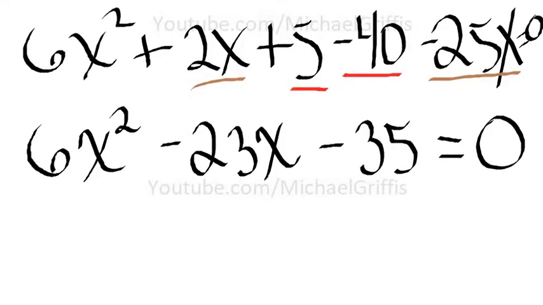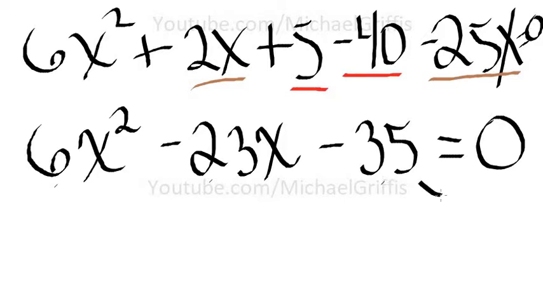Now let's take a look at this. First thing I'm going to look at is, can we factor anything that goes evenly into 6, 23, and 35? The factors of 6 are going to be 1, 2, and 3, and it doesn't look like it. So here we go.